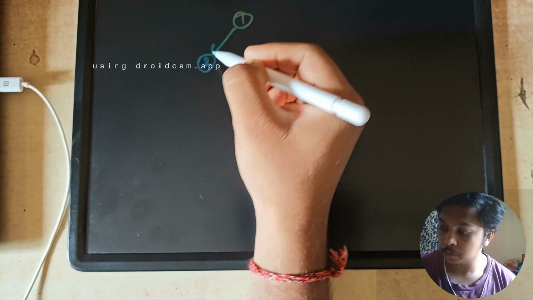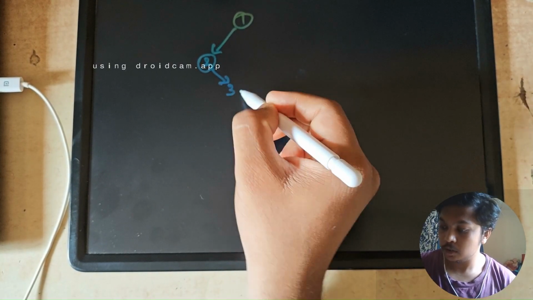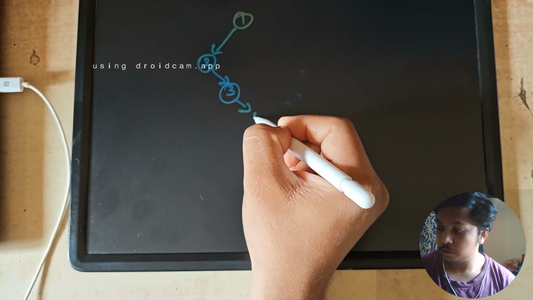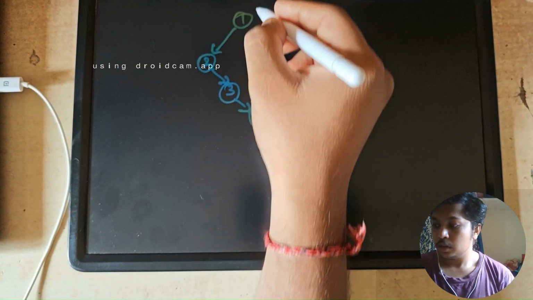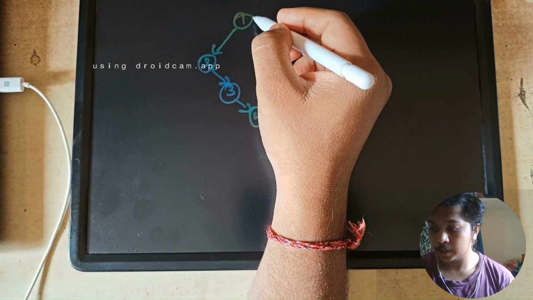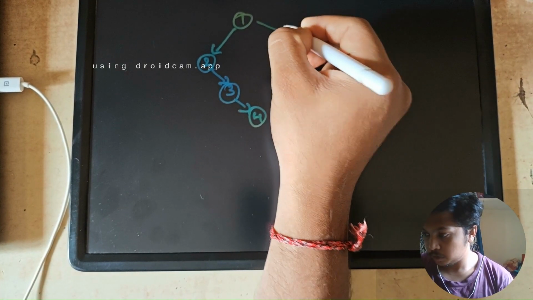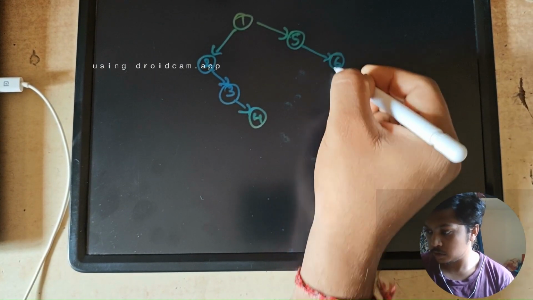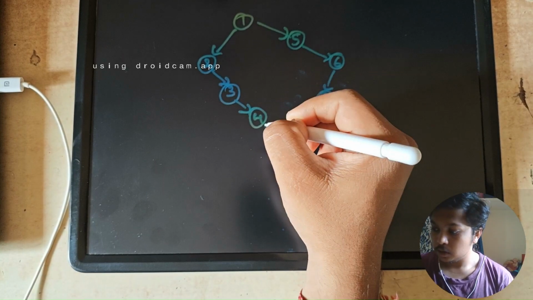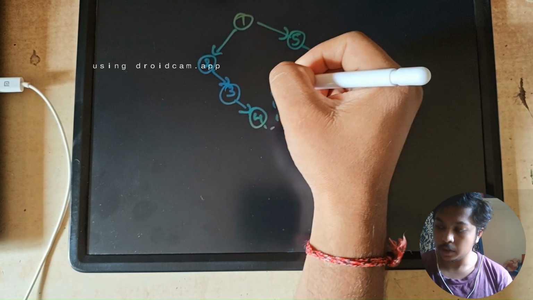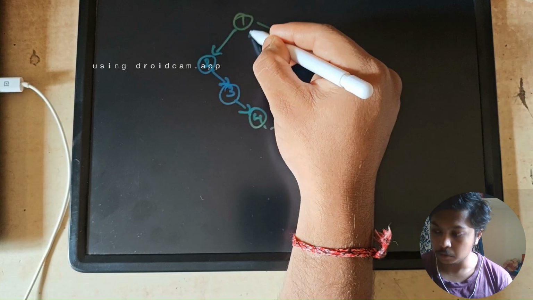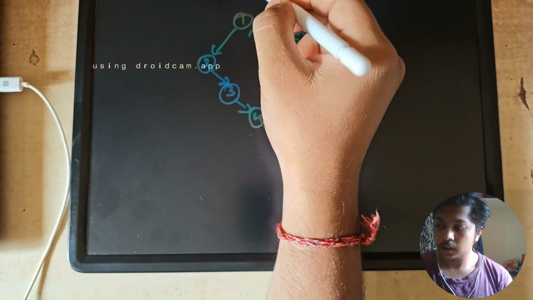Here it would be 2, then it would be 3, and it would be 4. And this one would be 5, this one would be 6, and this one would be 7. The threading part which we have previously done for the fourth node is still present.